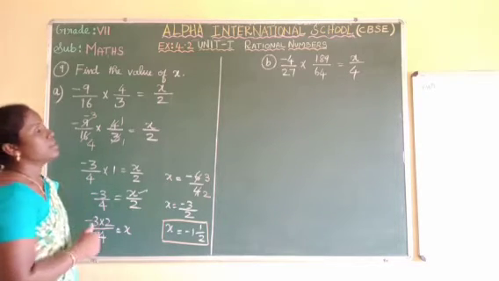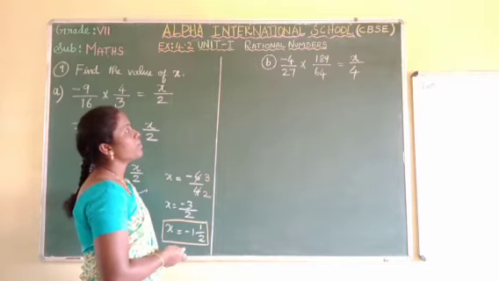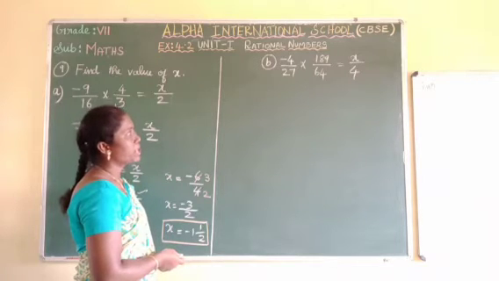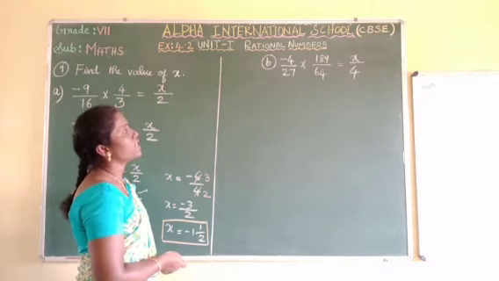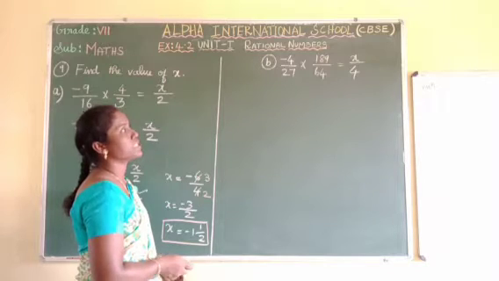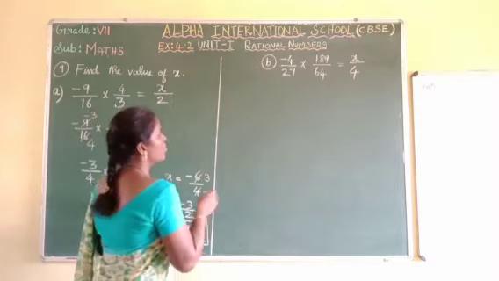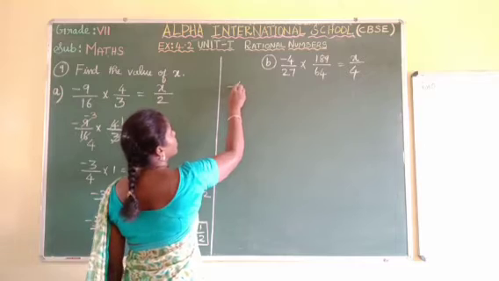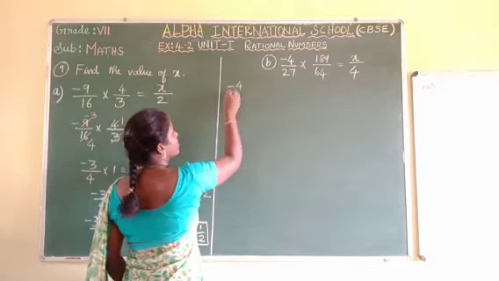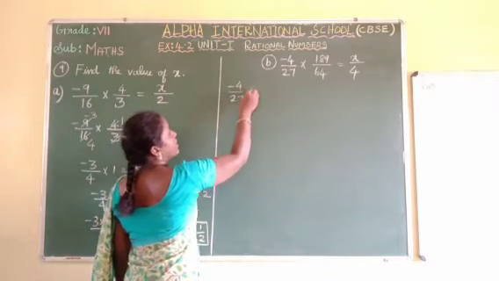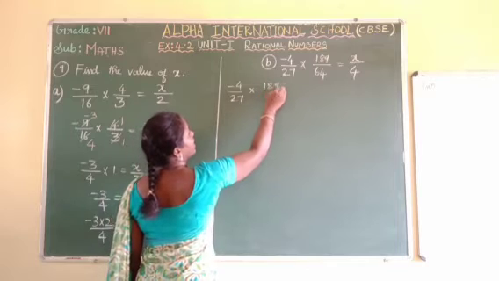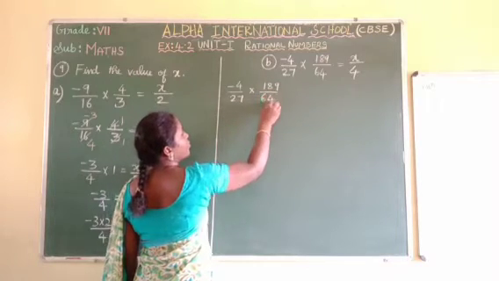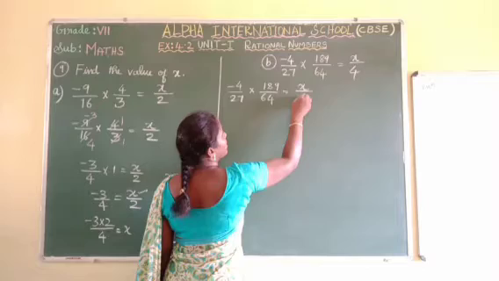Okay. See the second problem, minus 4 by 27 into 189 by 64 equal to x by 4. So first, minus 4 by 27 into 189 by 64 equal to x by 4.